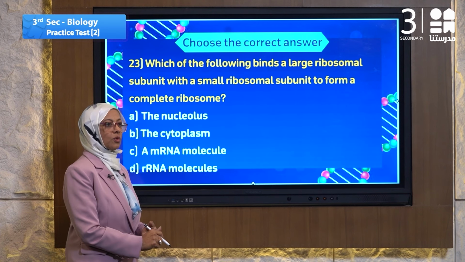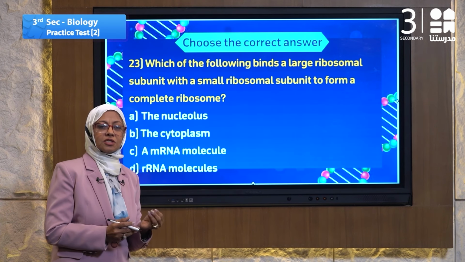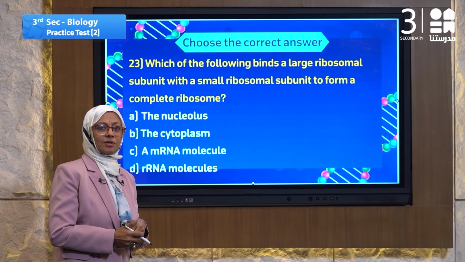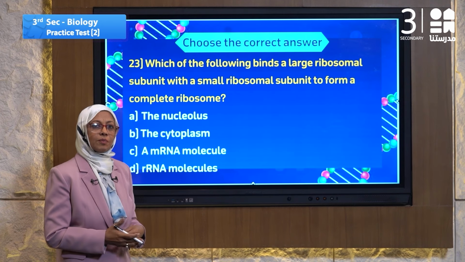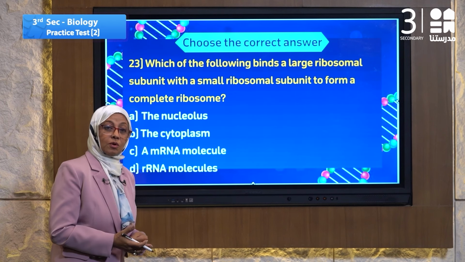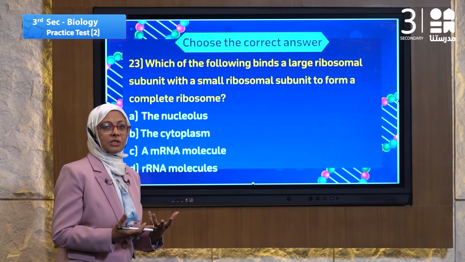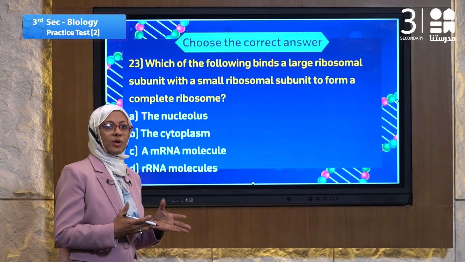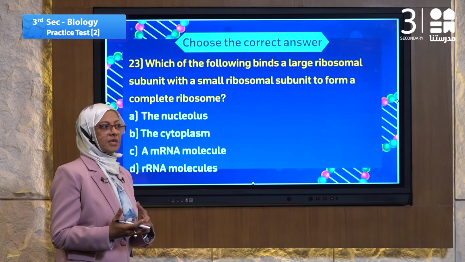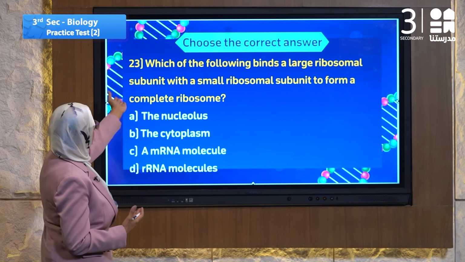What are ribosomes? A ribosome is a tiny structure found on the endoplasmic reticulum or in the cytoplasm of the cell. What is the function of the ribosomes? The function of the ribosomes is to make protein. There we make the protein. Let's read the question carefully.